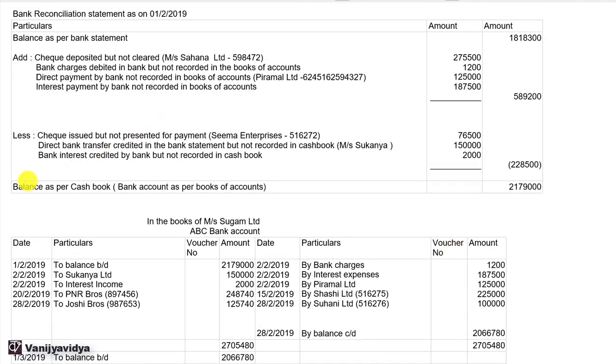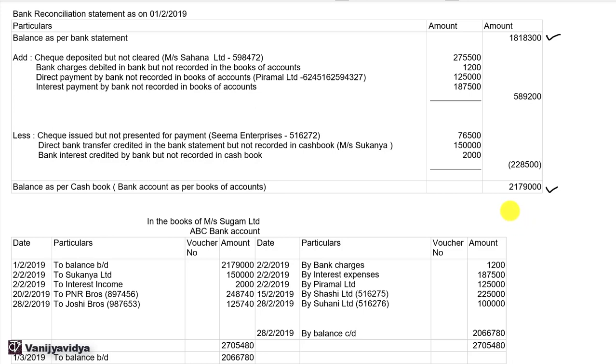Next, balance as per cash book is 21,79,000. So let's go to this ABC bank account. This is our cash book on 1st Feb 2019, balance brought down 21,79,000. So we have verified these balances. These balances match with your bank statement and cash book respectively.